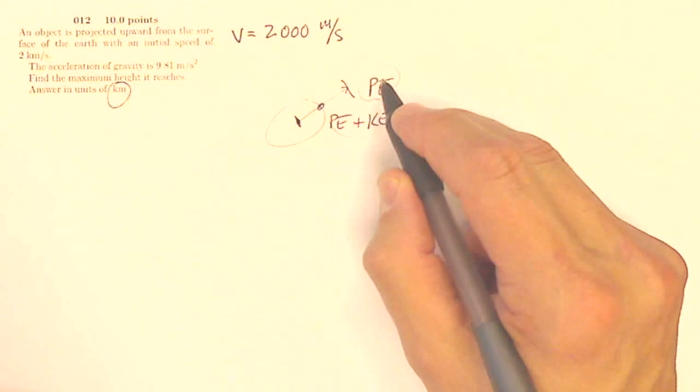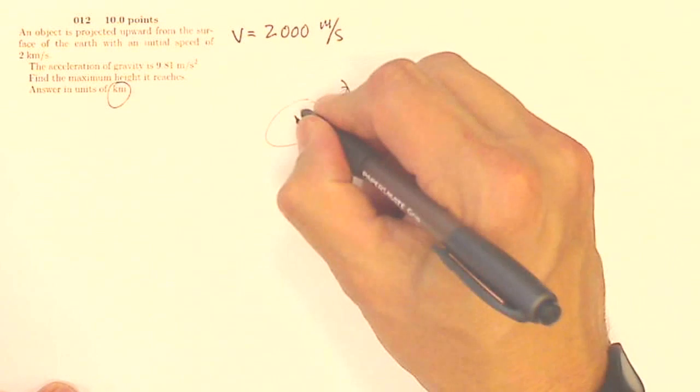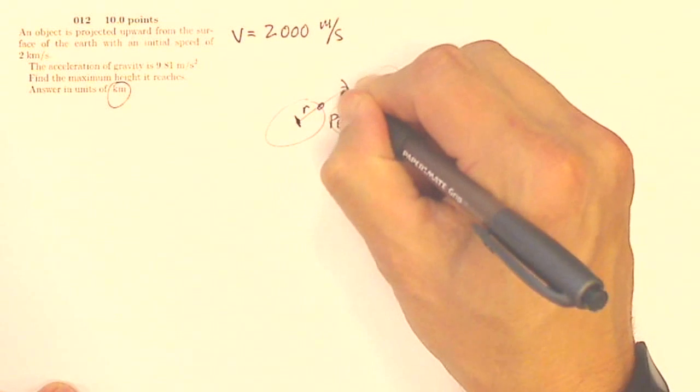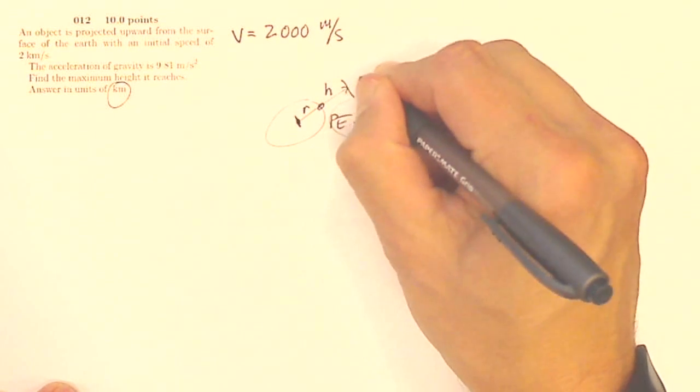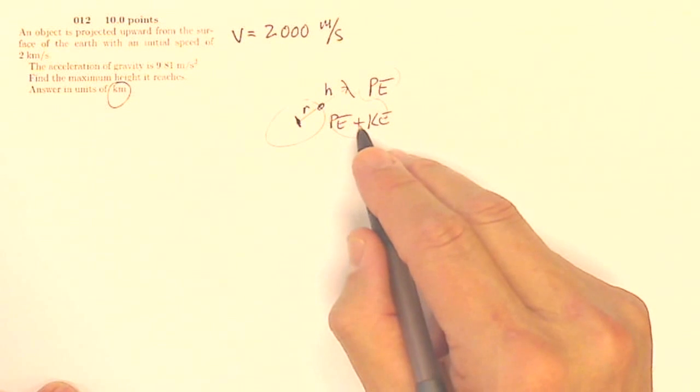So what I have to do is set these two energies equal to each other. This one is going to be the radius of the Earth, and this is going to be the height above the Earth for this potential energy. This potential energy is just the radius of the Earth.